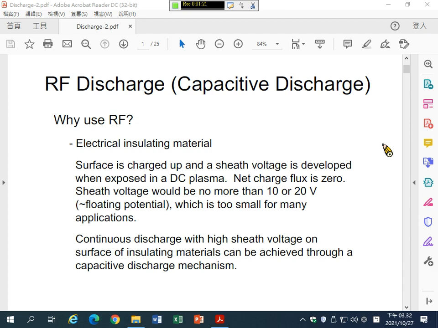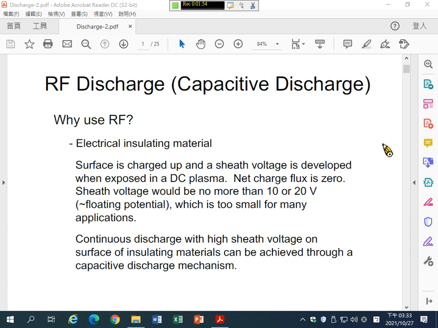Okay. So if we place an insulating material inside a DC plasma, the surface of the insulator will charge up negatively, and then reach a stable condition, so that the ion flux and electron flux coming to the surface of the substrate become equal.